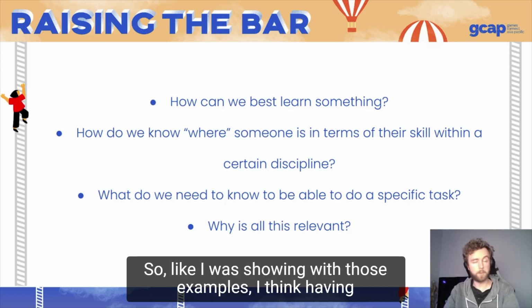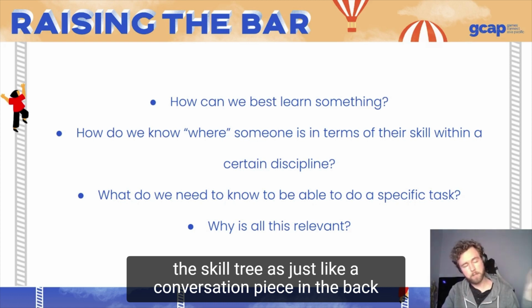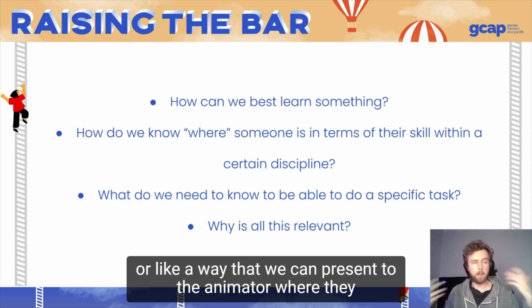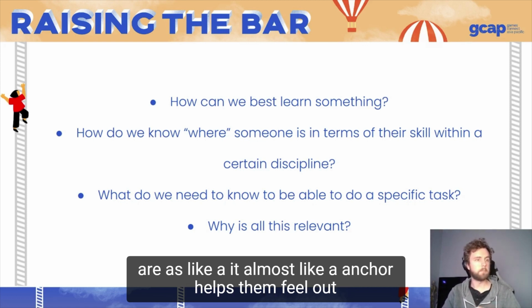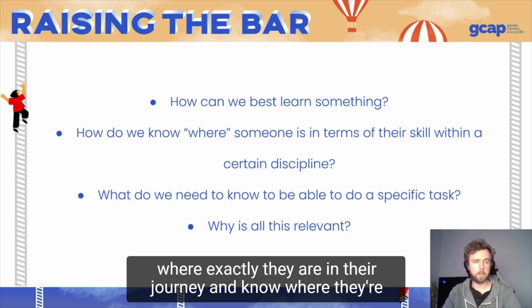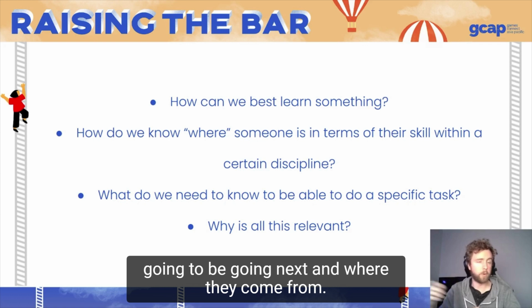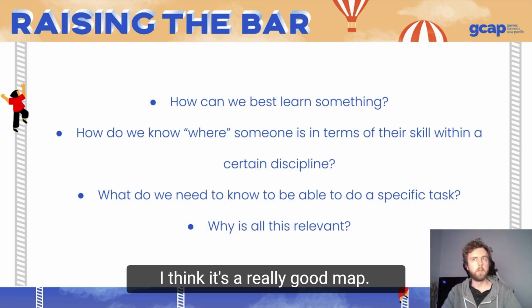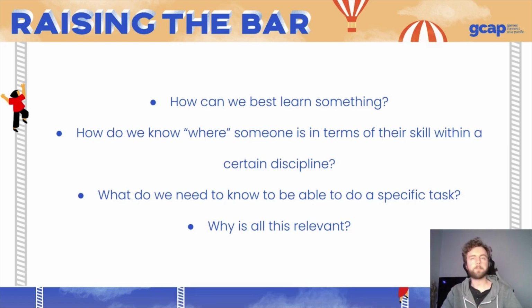Like I was showing with those examples, having the skill tree as a conversation piece, or a way to present to the animator where they are, is almost like an anchor. It helps them feel out where exactly they are in their journey, where they've come from and where they're going next. So I think it's a really good map.